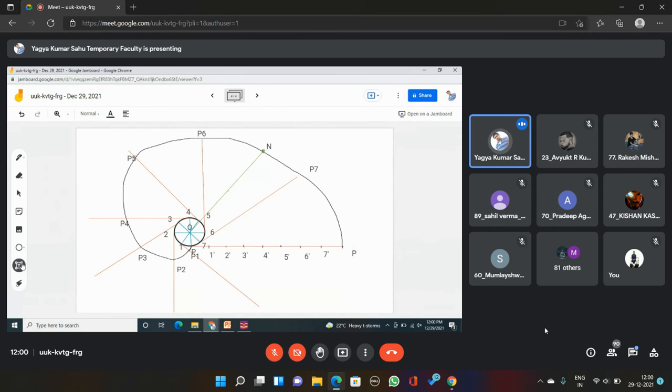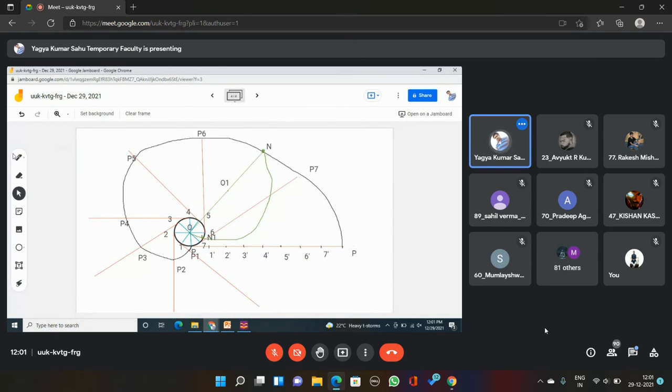Find out O1, the center. Then draw semicircle like this. You'll get a semicircle, and locate N1 at the intersection of the circle and that semicircle. So here you will get N1.